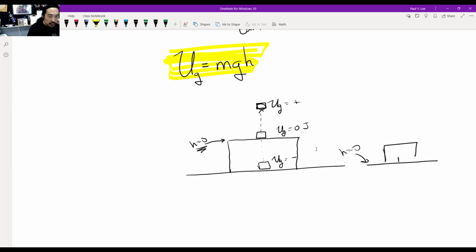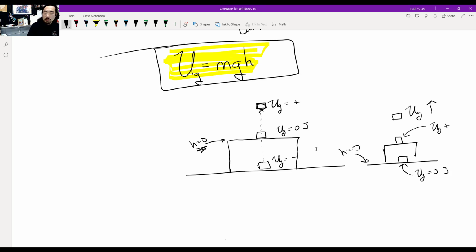If the object is here, at this point, it has a gravitational potential energy of 0 joules. If we put it on the table, it has positive gravitational potential energy. And if we put it even higher up, we have even more gravitational potential energy because the height is so big. All right, and that describes mgh.